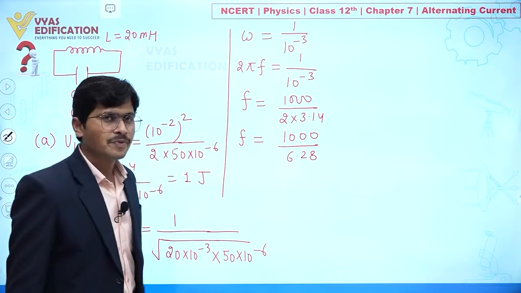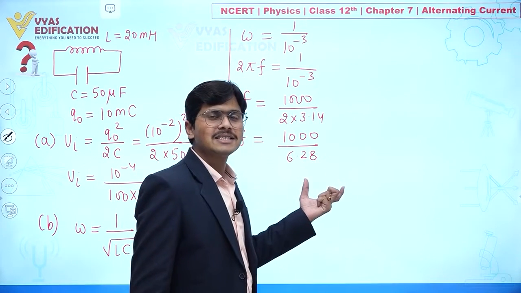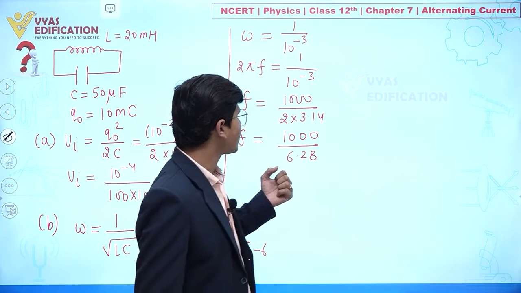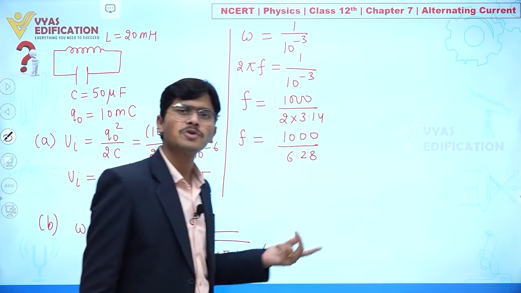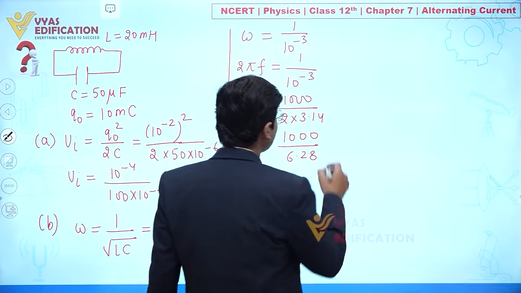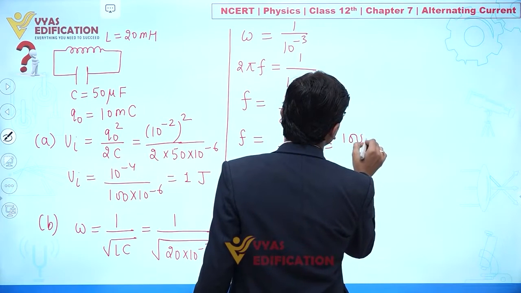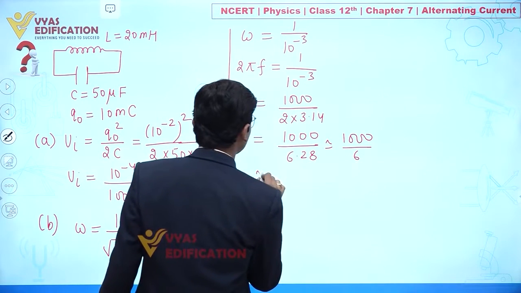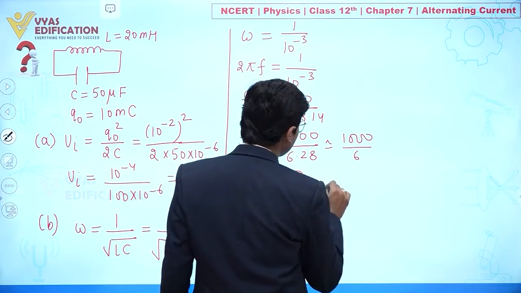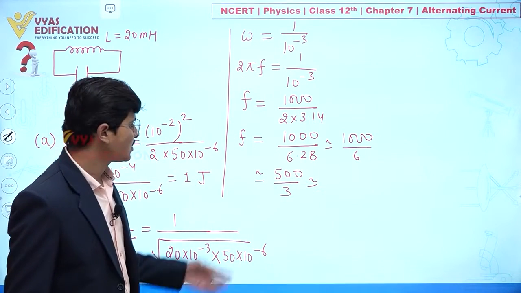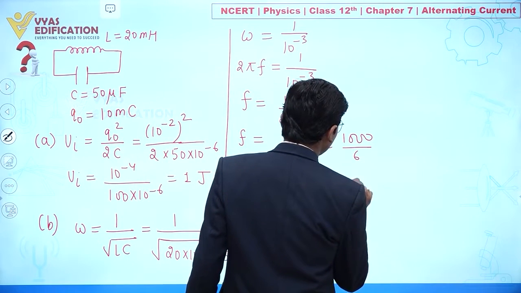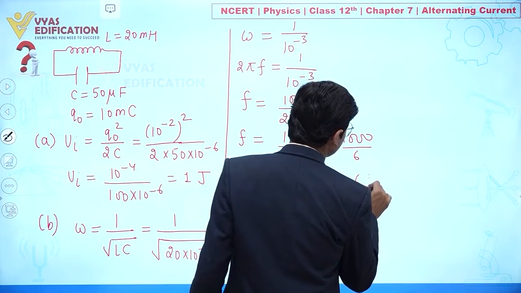Clear? Now approximately I am taking this as 6. Definitely this value is more than 6, you can take 6.25 also. But here let's suppose I am taking 6. If I take 6, then we get near about 500 divided by 3. Clear? And from here you will get 166 point something. So here you are getting this value almost 166.6 hertz.